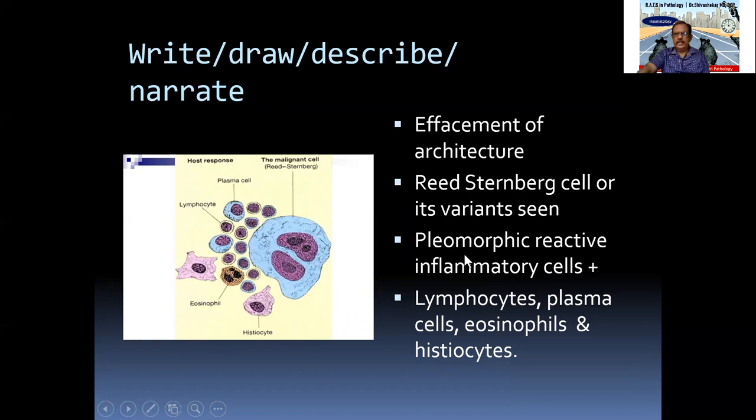So it is pleomorphic. Pleomorphic is not the pleomorphism that we use in malignancy. In malignancy, variation in size and shape is pleomorphism. But here you are finding different types of cells, hence you use the word pleomorphic. So there are lymphocytes, plasma cells, eosinophils, histiocytes. That is why it is called pleomorphic.